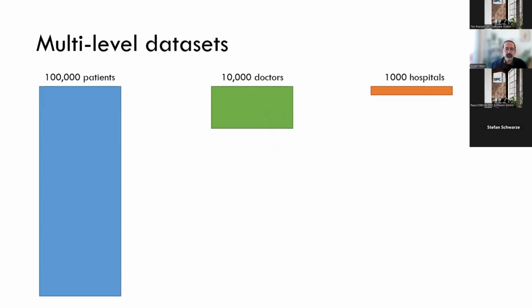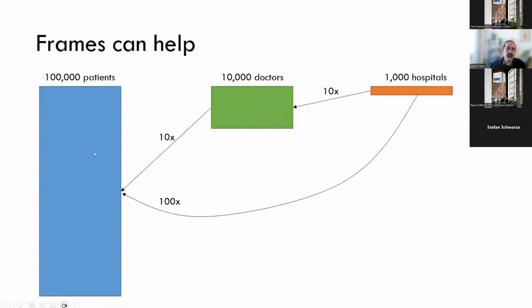What you would typically do in the old workflow environment is that you would merge everything together. Which means that for each of the 100,000 patients, you would say, okay, what's the doctor identifier? You would merge this data set to this data set. So you're multiplying your doctors 10 times, right? Similarly, if each patient has a hospital assigned to him or her, you would assign hospital attributes and you will be multiplying the observations 100 times, right?